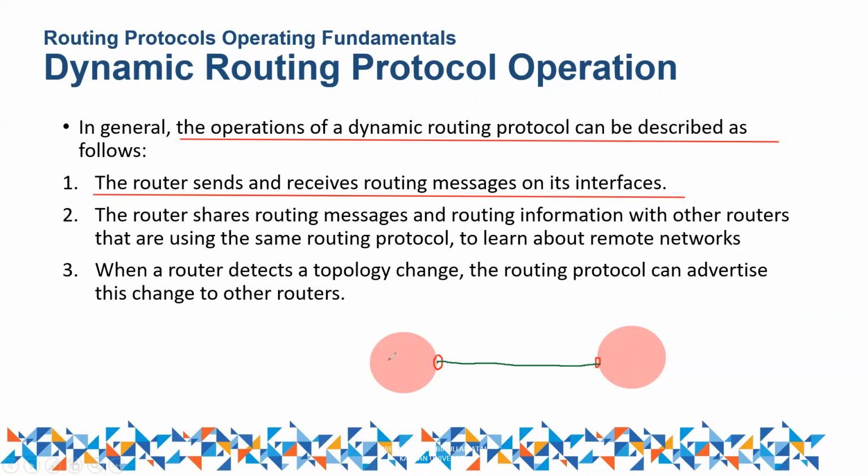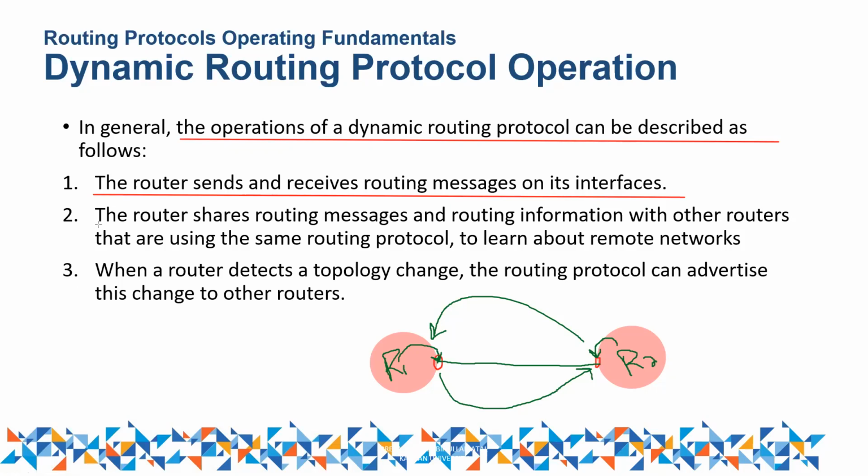Whenever this router wants to send some routing information to R2, it does so via this interface, and R2 receives this information via its interface from R1. And whenever R2 wants to send information to R1, R2 sends it via its interface. This is the very basic job of the router: to send and receive routing messages on its interfaces.